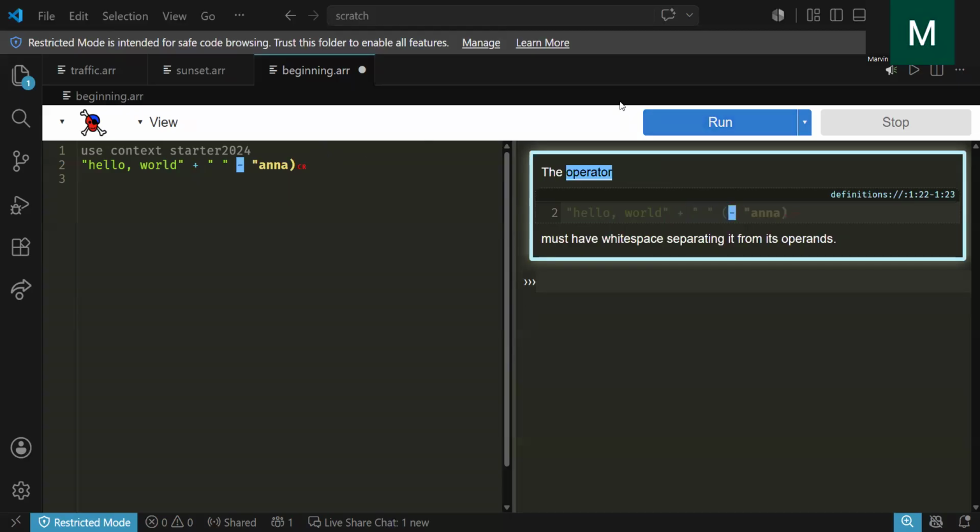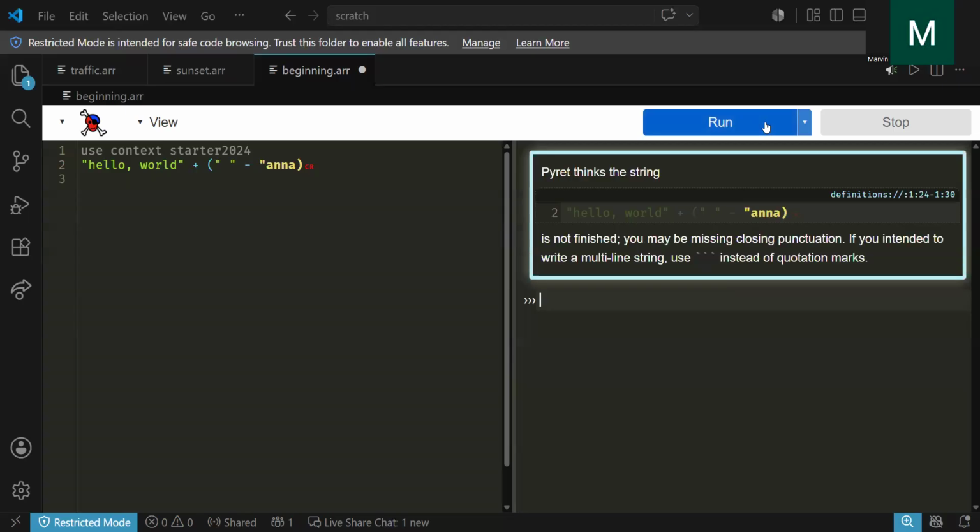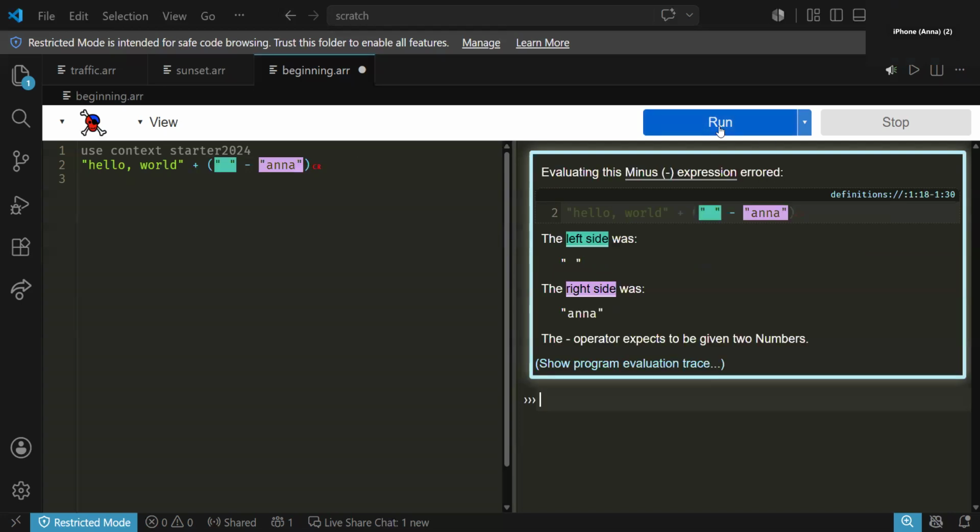You need two things on each side of an operation, right? Let's run it. Oh, wait. It's missing the closing quotation marks. It's always something missing. There you go. Ah, so what does it say?